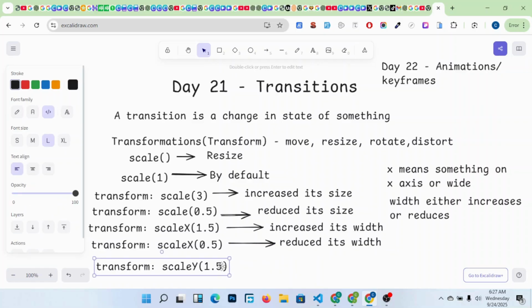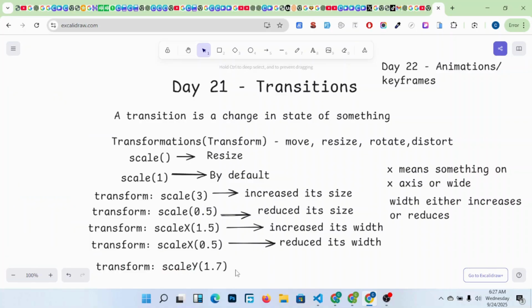If the original one was 1, and the original one is always 1. If I say maybe a scale 1.7, okay?